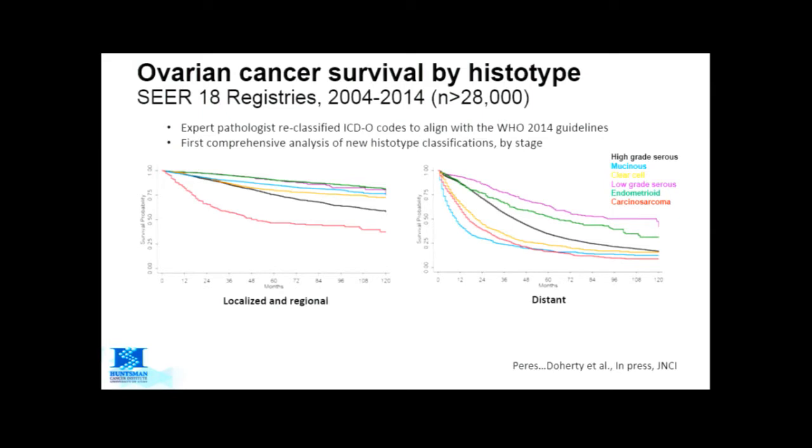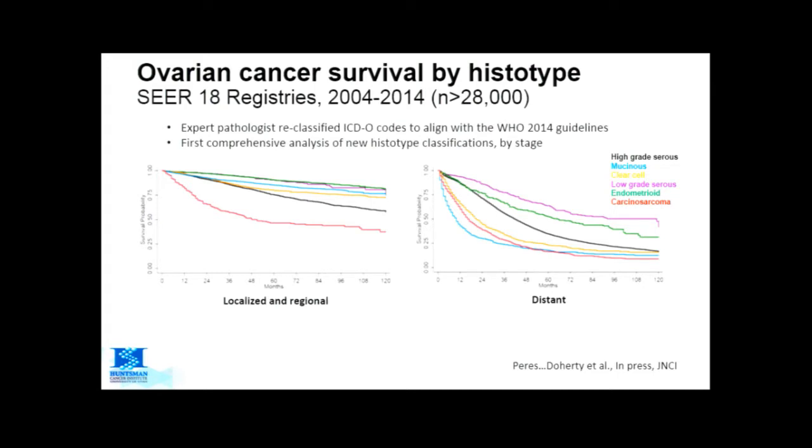We don't have protein markers, but knowing what we know now, we were able to reclassify the codes, and also we used data on grade, and we looked at survival by stage. And if you read the ovarian cancer literature, you'll see again and again that people say that high-grade serous ovarian cancer is the most lethal form.